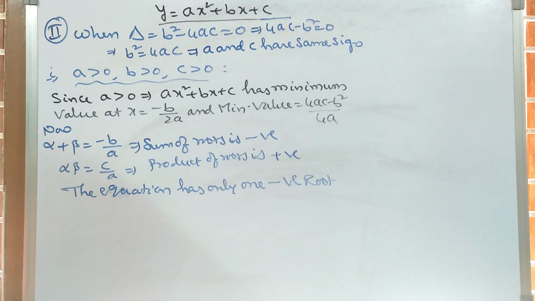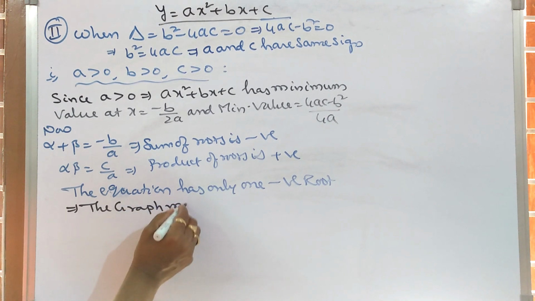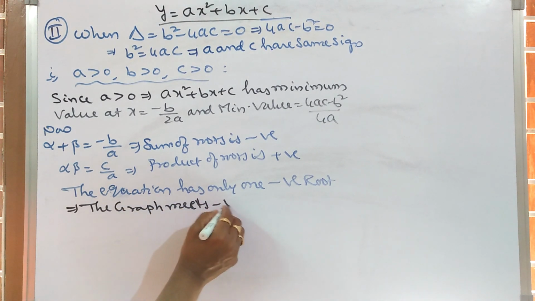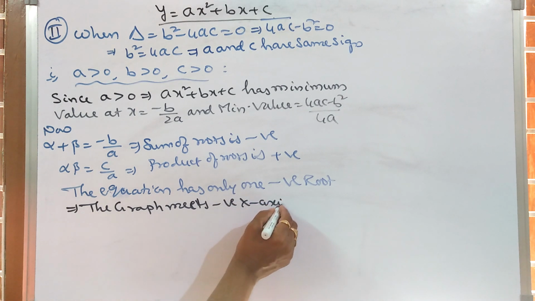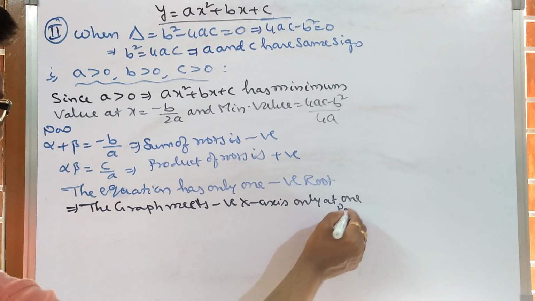So the graph meets the negative x-axis at only one point.